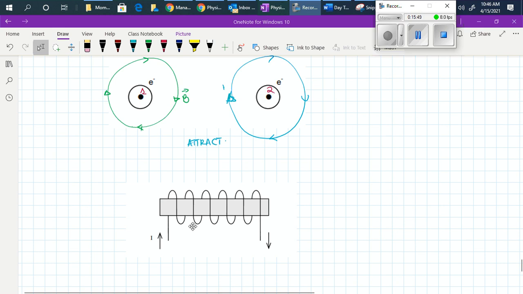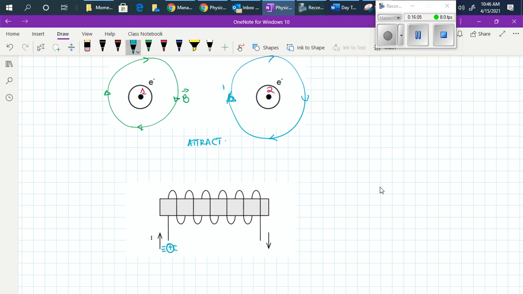So in this case, what is given is a coil with the direction of the intensity of the current given. The direction of the intensity of the current is the same as the direction of the positive charge. And if we are using the left-hand rule, then we will switch the direction.